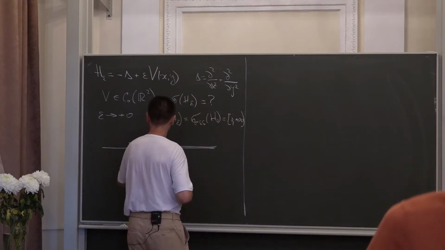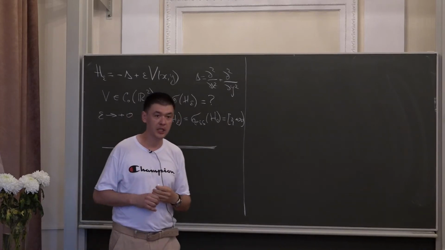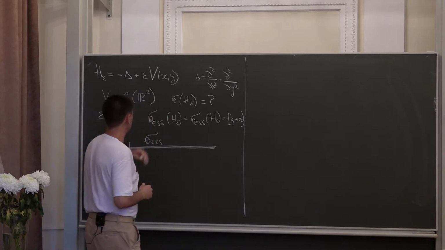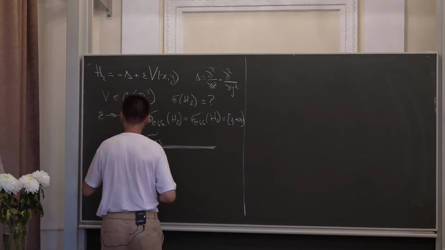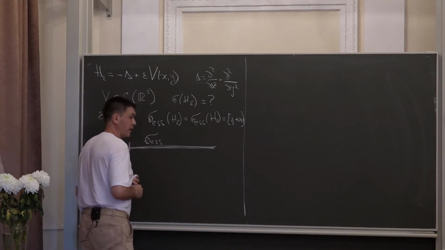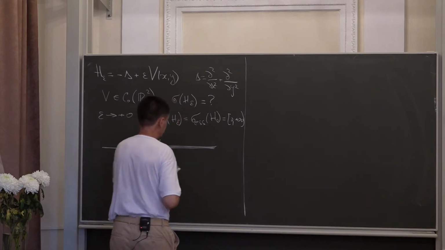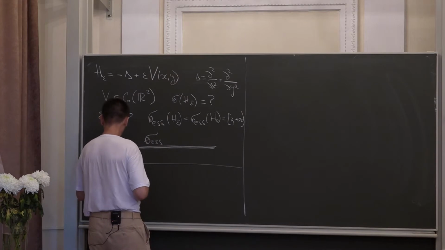This is the essential spectrum. And again, we can expect that for some potentials, at least for small epsilon, we can get an eigenvalue somewhere here. And this is indeed the case. This is true. And we even know how to study the corresponding eigenvalue problem.